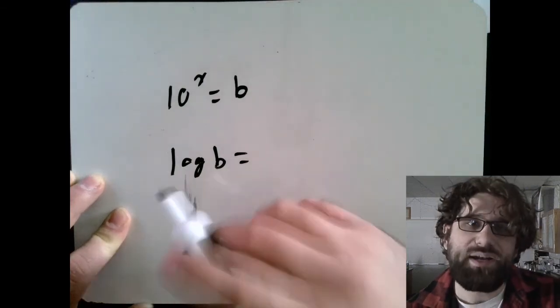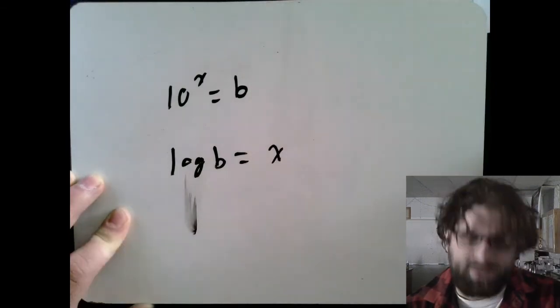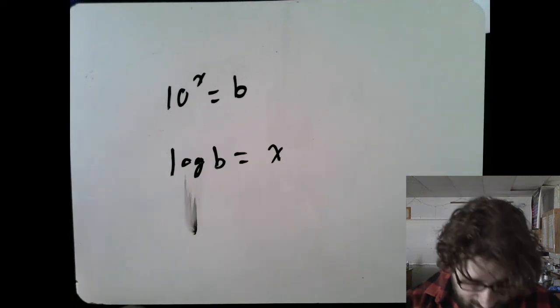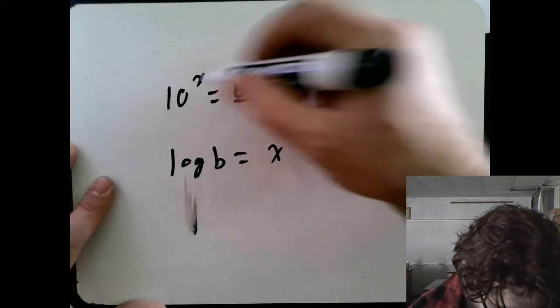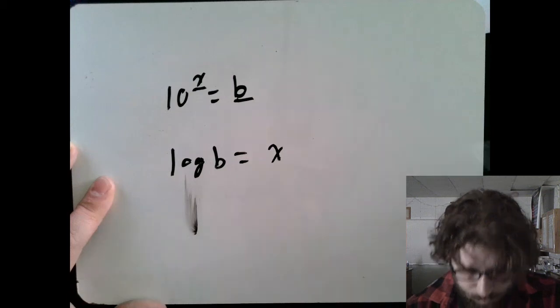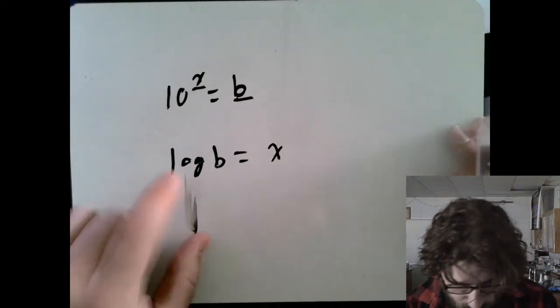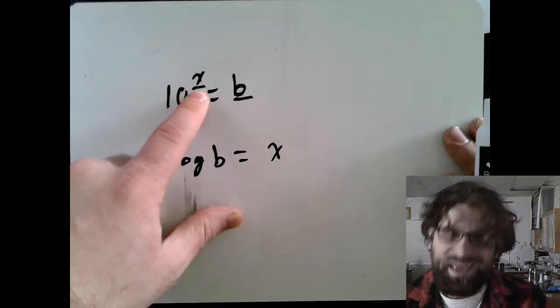If you put that into your calculator, it will give you x. So no matter what these numbers are, we're able to flip them around. Okay? So that's why the log is the inverse of the exponential function.